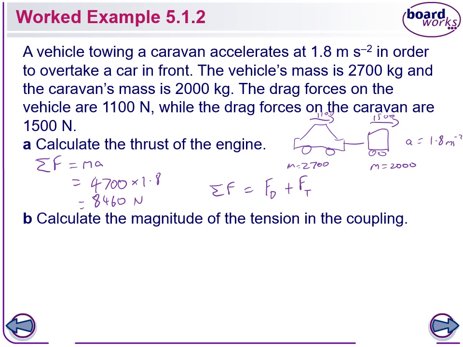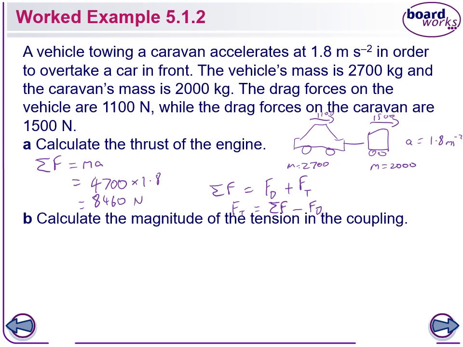We get thrust is equal to our net force minus our drag force. I've just rearranged this equation a little bit, subtracting drag force from both sides. So our thrust is equal to our net force minus our drag force.